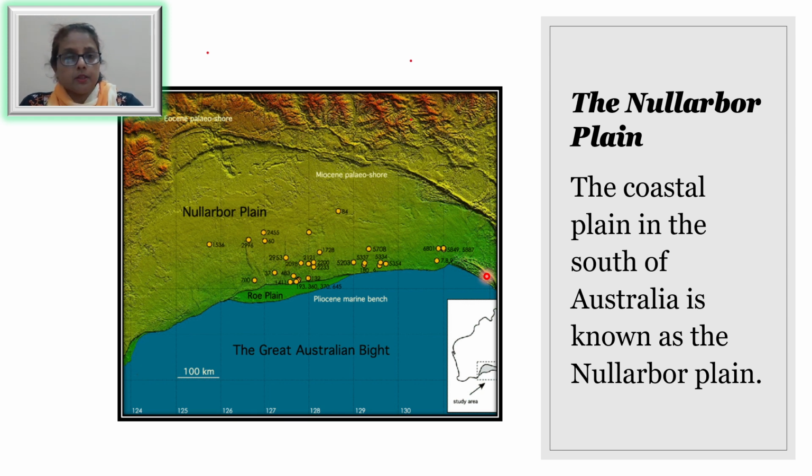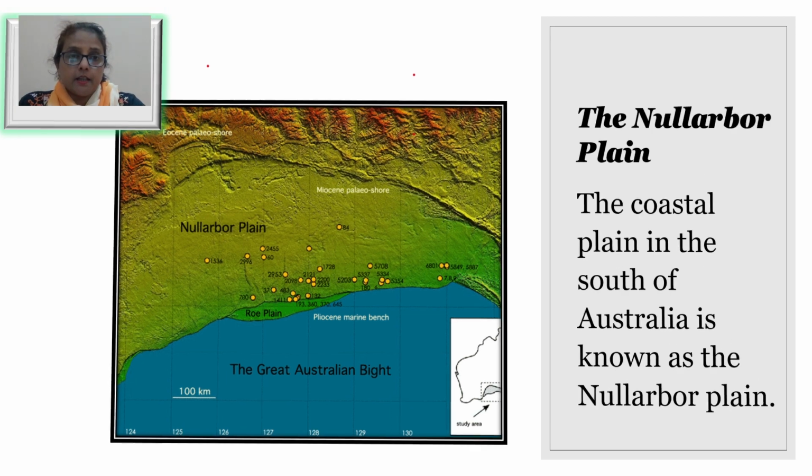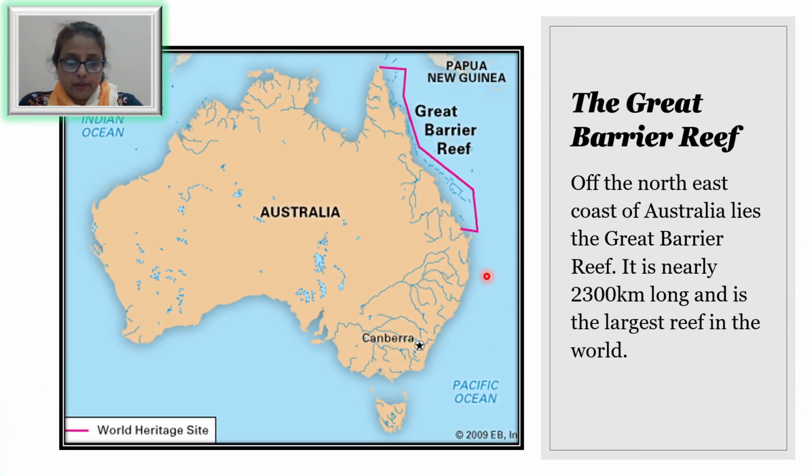Apart from the four major physical divisions which we have already learnt, namely the Western Plateau, the Central Lowlands, the Eastern Highlands, and the coastal plains, there are two important features which are very significant when we study Australia. They are the Great Barrier Reef and the Rift Valley of Australia.